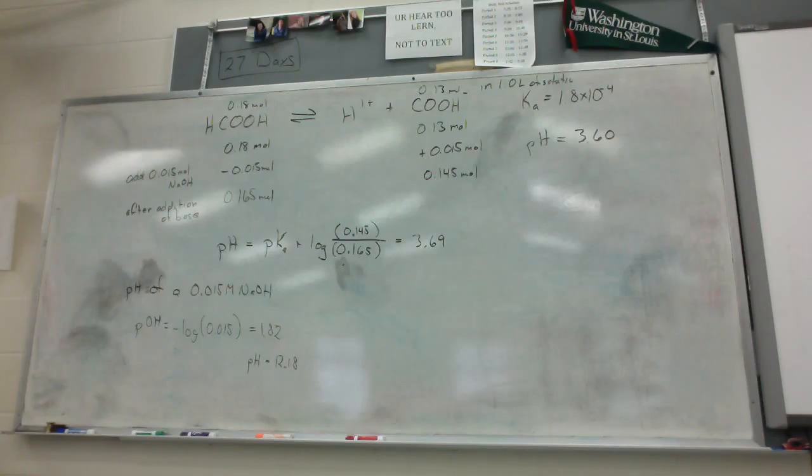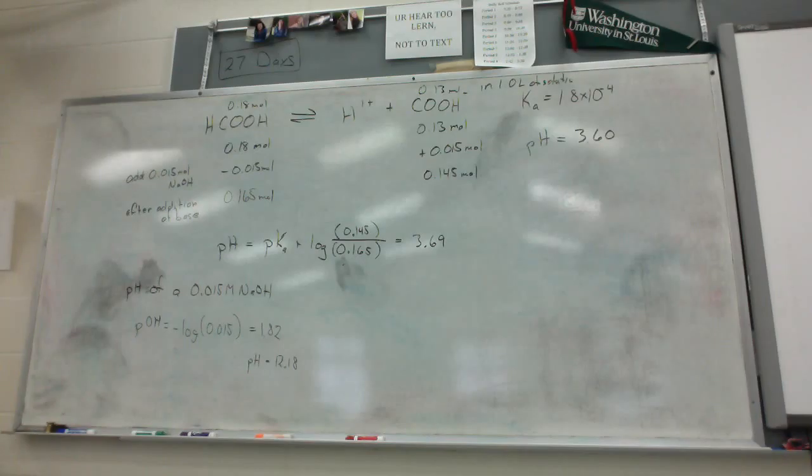Are you guys with me on this? So how many moles of HCN are there? 0.25. And how many moles of KCN? 0.17. Okay. Let's add, just for fun, stick with the 0.015. Let's add 0.015 moles of hydrochloric acid to the buffer solution in number 5.